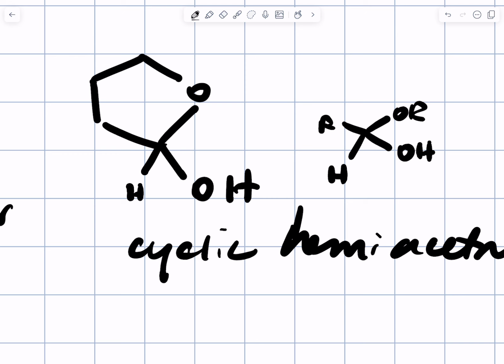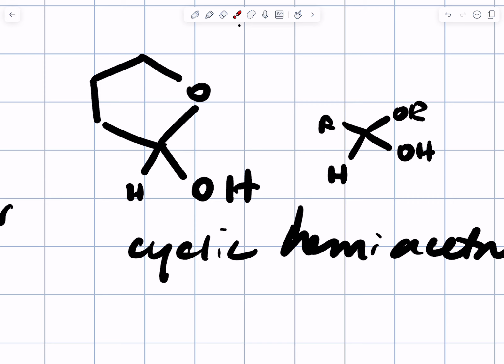Is it easier for you to recognize this as a hemiacetal? No problem, right? Why is it harder here then? Probably because your brain is distracted by interesting but irrelevant details. Does it matter that this R group is tied back onto that R group? Not really. The chemistry doesn't change.